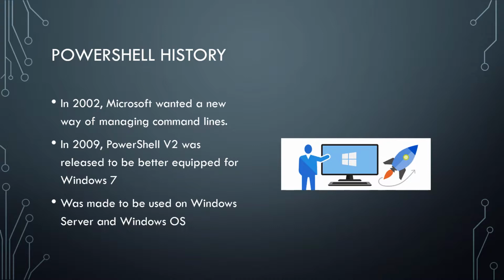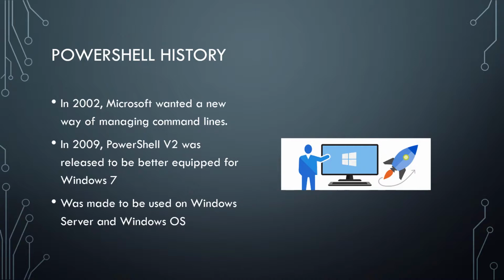Kind of the history of PowerShell. Microsoft was kind of looking for something new to replace command line, see if there's a better way to do and run commands inside of Windows. So in 2002, they started creating PowerShell, coming up with the ideas, implementing a little bit of it into Windows XP, Windows 95, just playing around with it, and surprisingly, they were really happy with it.